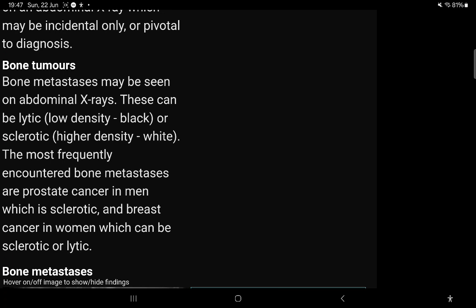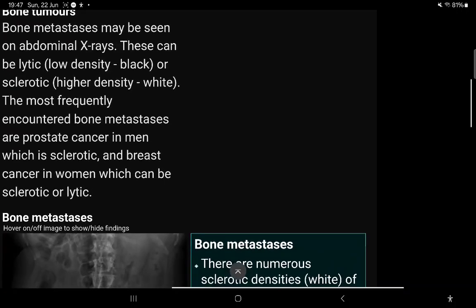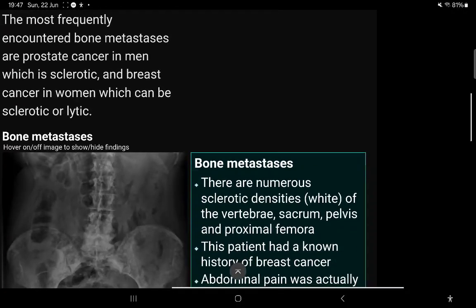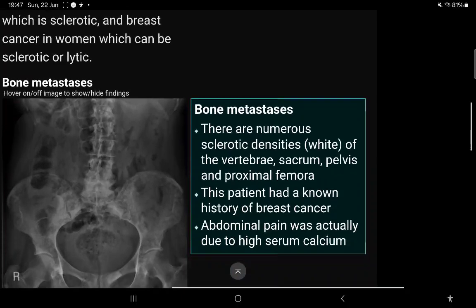For example, breast cancer mets appear lytic, and prostatic cancer mets appear sclerotic. The most frequently encountered bone mets are prostate cancer in men, which is sclerotic, and breast cancer in women, which can be sclerotic or lytic, but 90% of breast cancer mets are lytic.